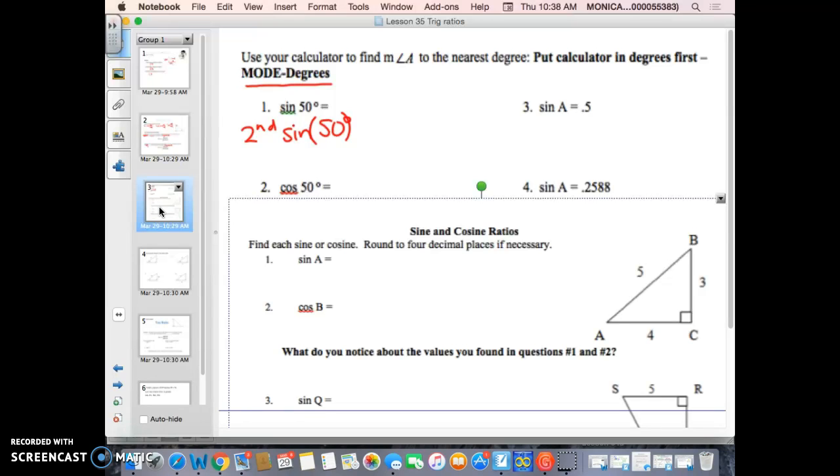And when you hit enter, you should get about 0.766. And remember, when you know the angle and you're looking for the ratio, all of our ratios are length over length. They're fractions. So you should be getting decimals when you work this out.